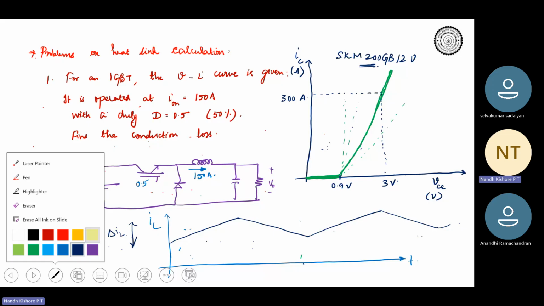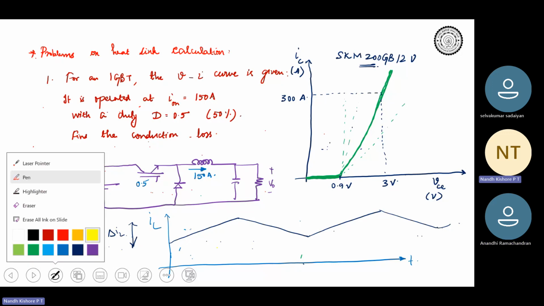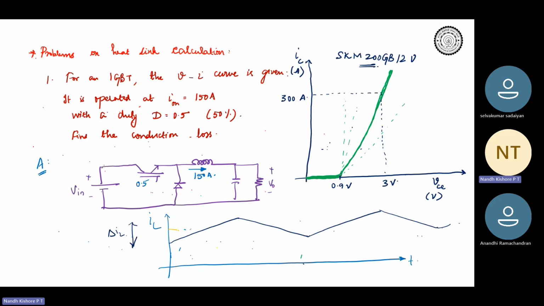Now the point is they have not given any information about the ripple. So let's assume that the ripple is very, very small. So essentially there is only a steady state current, as the inductor is a current stiff element. Average inductor current is this, 150 amperes.